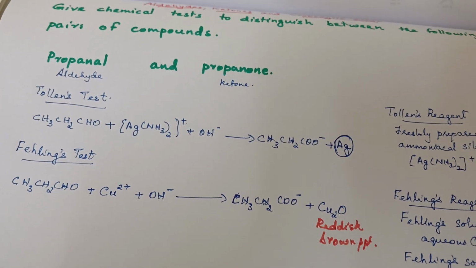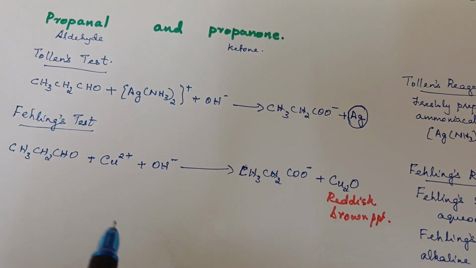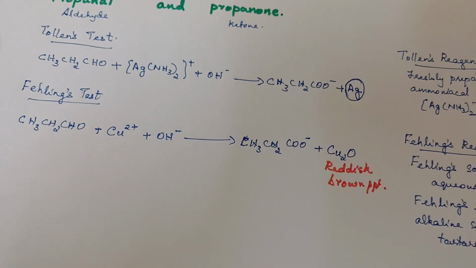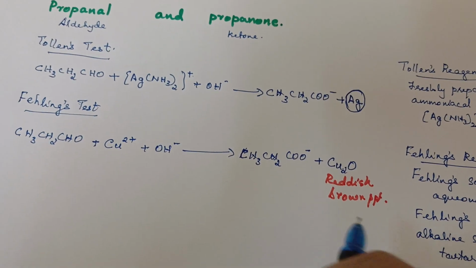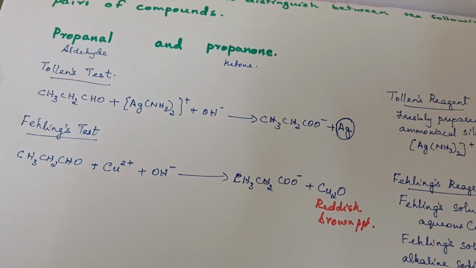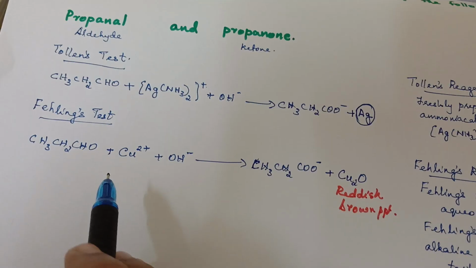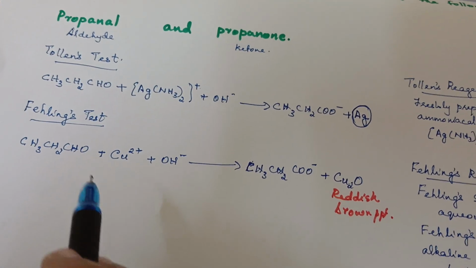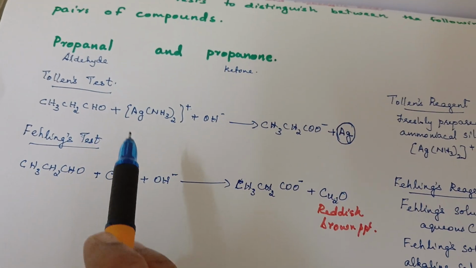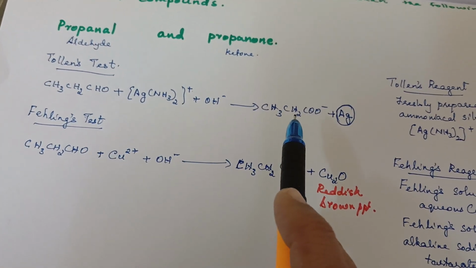Whereas for propanone, the test which gives a positive result is the haloform test. Since propanone has a methyl keto group, it will give the haloform test. Whereas with Tollens test and Fehling's test, we can distinguish propanal from propanone.